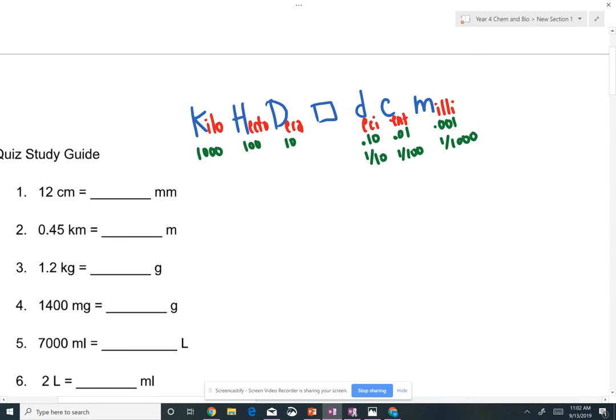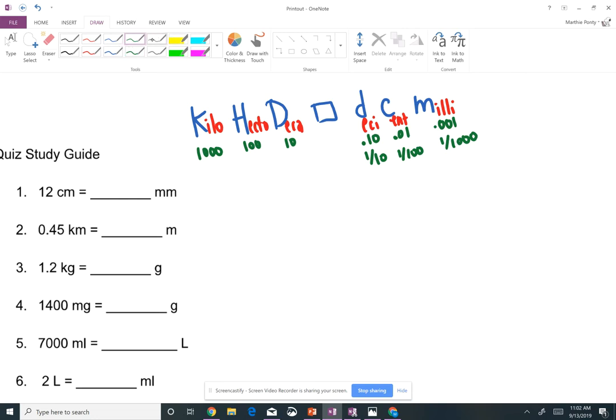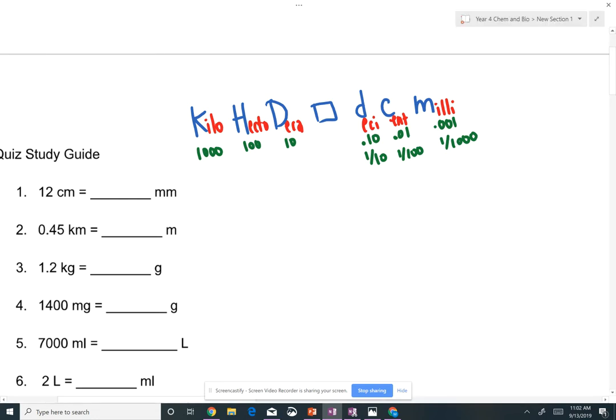So what happens is that you first have to find your starting and your ending point. But before I do that, I'm going to tell you what goes in this box. This box is your base units.